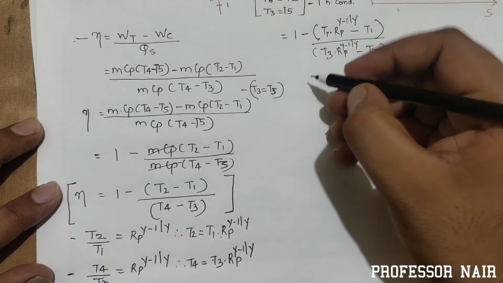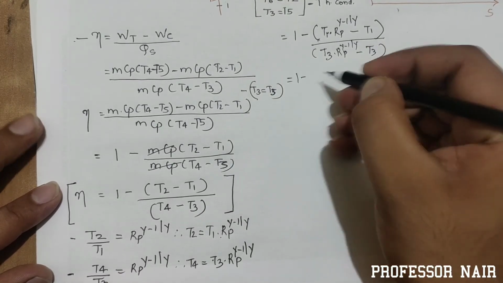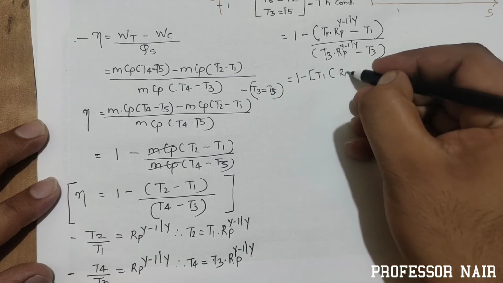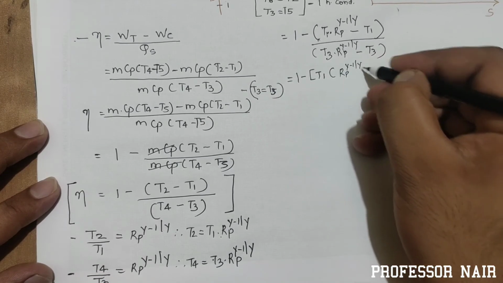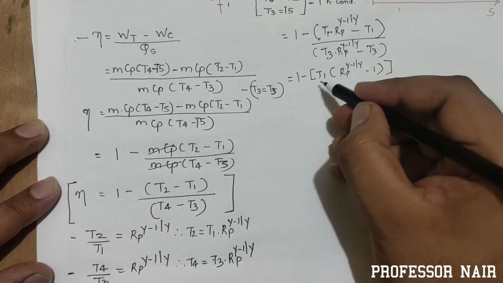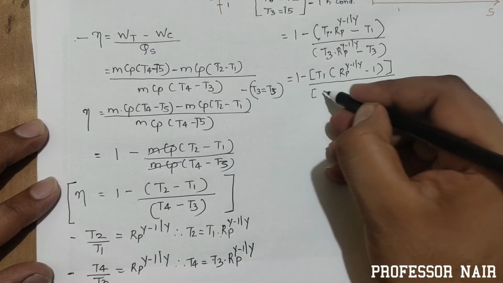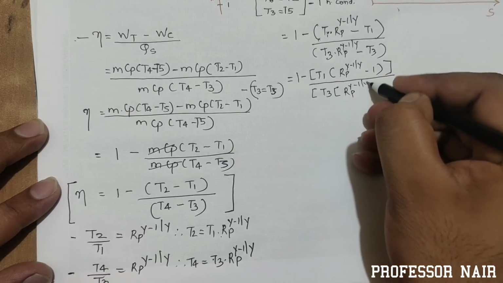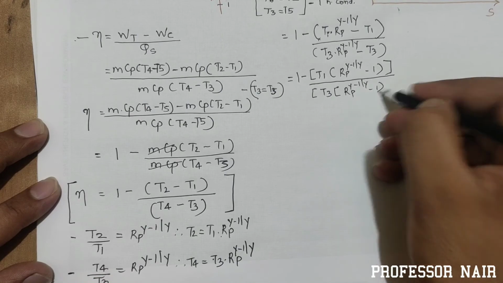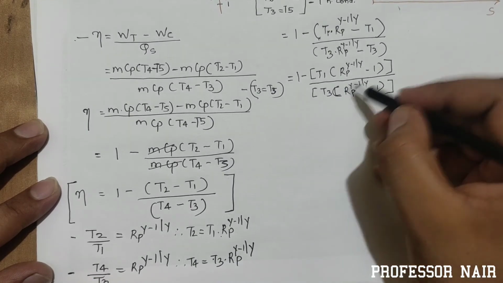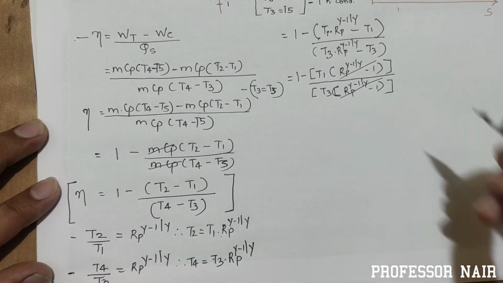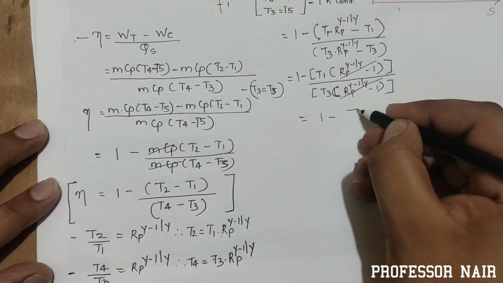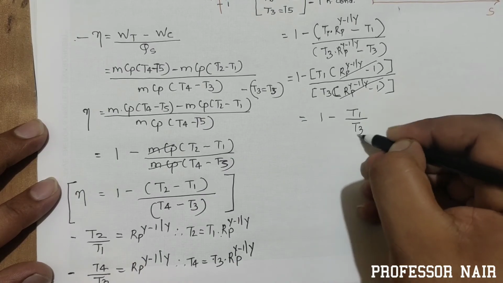T1 and T3. So proceed: 1 minus, I will take T1 common, so the equation would become T1 times (Rp raised to (gamma minus 1) upon gamma, minus 1) upon T3 times (Rp raised to (gamma minus 1) upon gamma, minus 1). So these factors get cancelled. The final form would become 1 minus T1 upon T3, dear students.